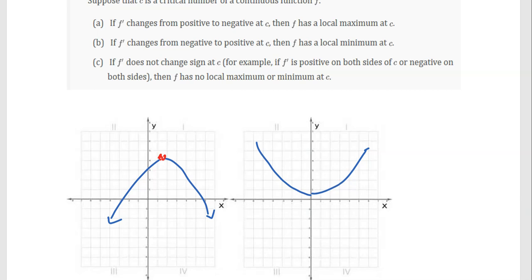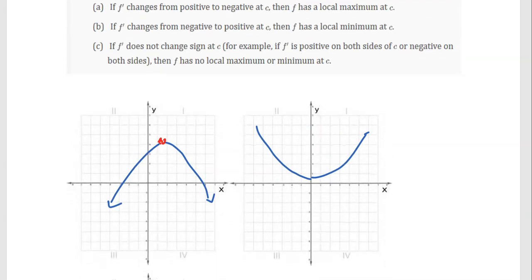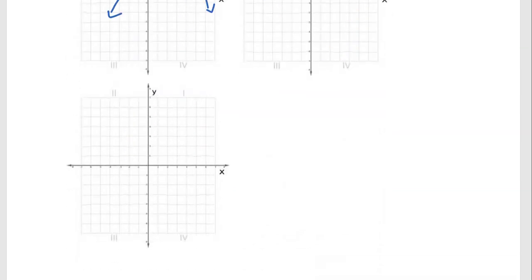And then if it doesn't do either one, then it's neither one. It's like an inflection point or something like that, which we'll get into in the next one. But let's say if it's positive and then it stays positive, it still goes uphill, even though the derivative might be 0 there, and you might have a critical point, it's not a maximum or a minimum.